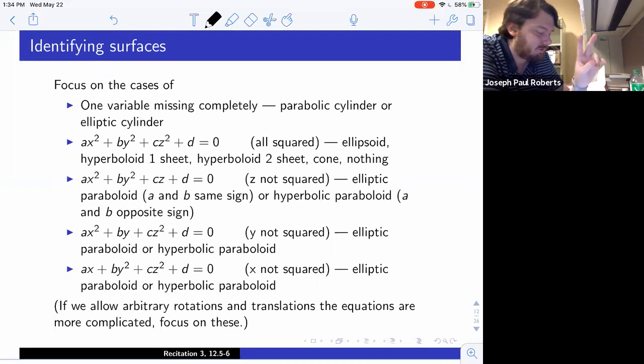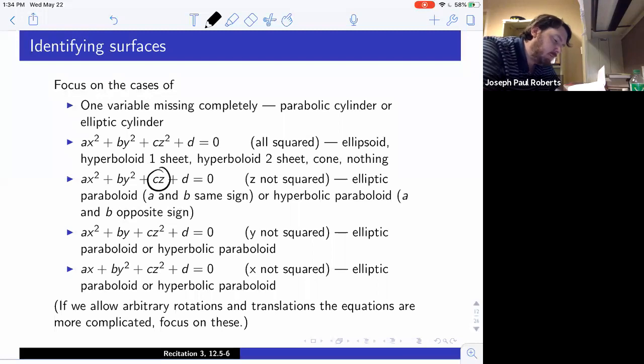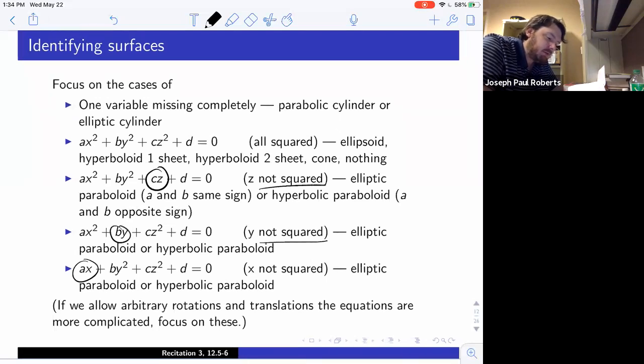So for us, we'll focus on 8 different quadric surfaces. And then the next thing you're going to look out for is, if there's one variable that's not squared, whether that's z, y, or x, something not squared is always going to end up being some kind of paraboloid.